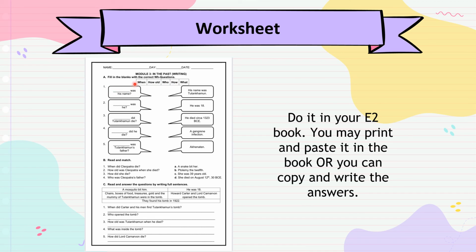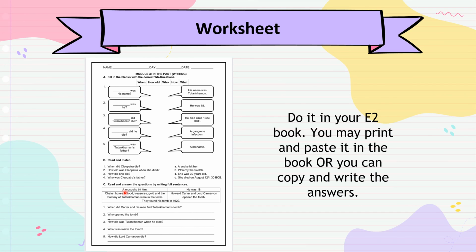Isi tempat kosong dengan kata soal yang betul. Isi tempat kosong kat sini. When, how old, who, how, what. Next, number B. B, read and match. Baca dan padankan. So, satu, when did Cleopatra die? Padankan kat mana. Last one, C, read and answer the question by writing full sentences.